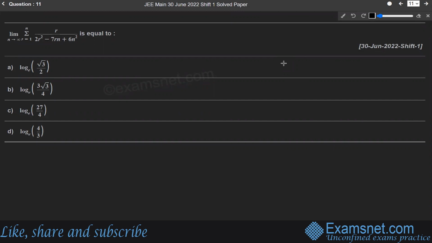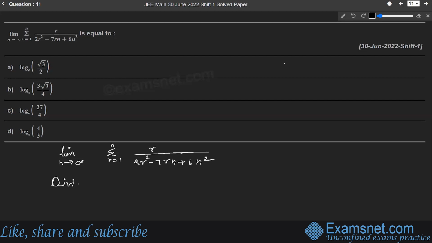So firstly, let us write the given expression, which is limit n tends to infinity, summation of r is equal to 1 to n, r divided by 2r square minus 7rn plus 6n square. Now let us do one thing. Let us divide the numerator and denominator by n square.